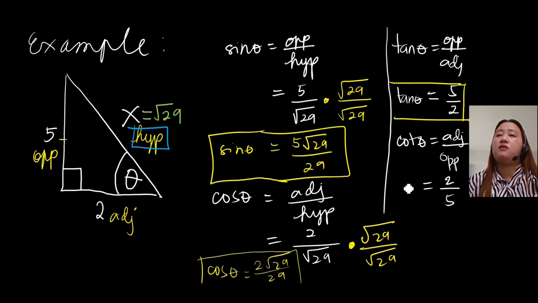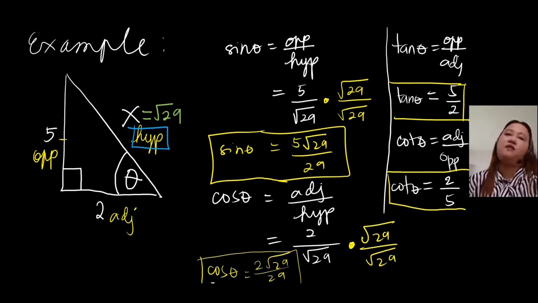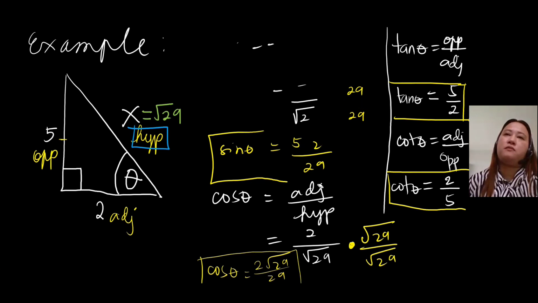So 2 over 5, this is already the answer. Okay, that's it. And then I'll erase this portion to solve for the other two reciprocals.